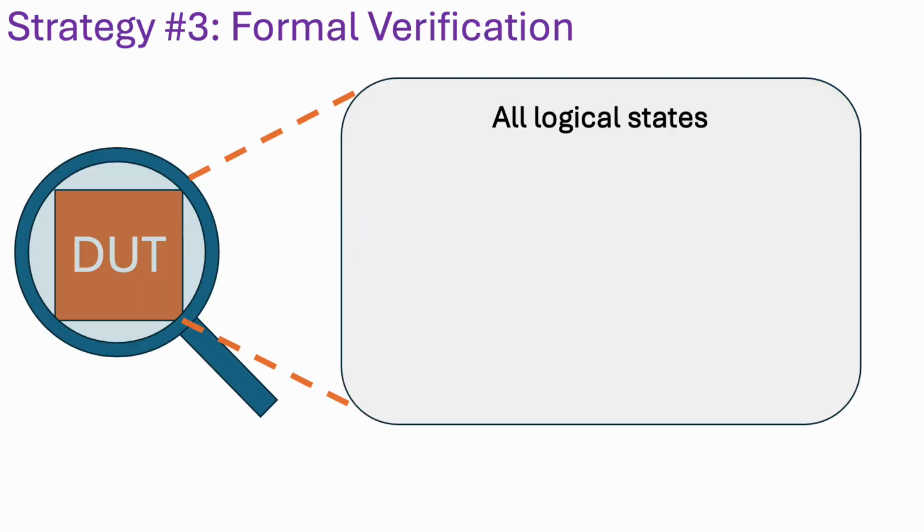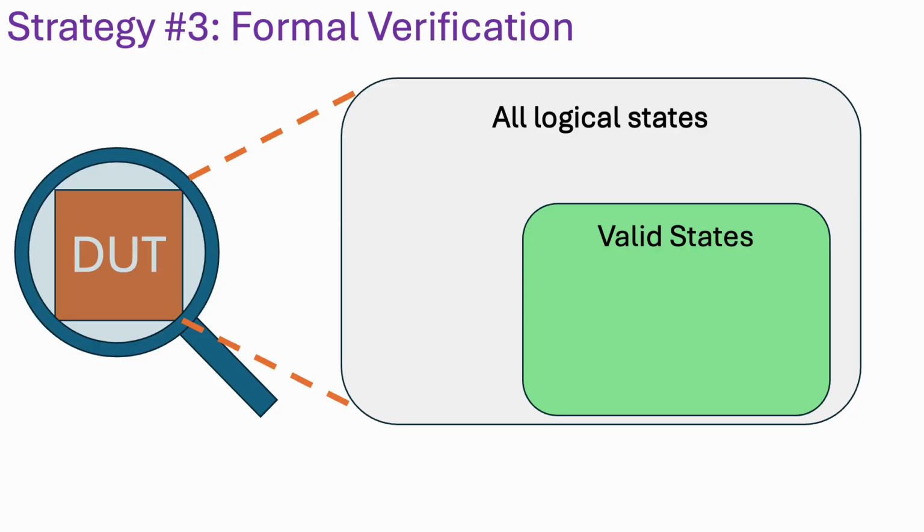So the high-level idea of formal verification is you're doing a very careful inspection of the design under test and trying to make formal, proven claims about the nature of that design. The way these typically start is you start with all possible logical states that the design can be. That means 2 to the power of however many registers.